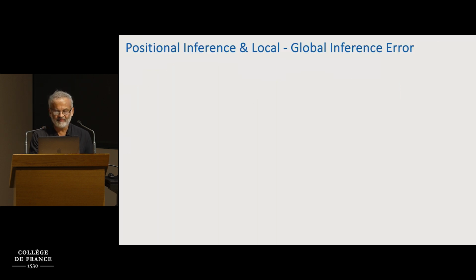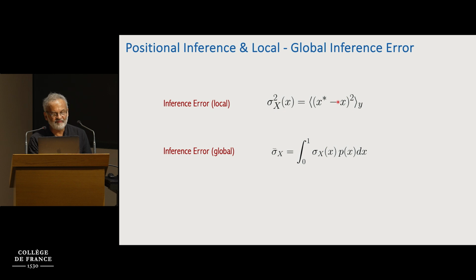With this, one can measure the local inference error, as I show here, as a root mean square deviation from the actual position, and a global inference error here, which is defined as a weighted integration over the entire tissue.